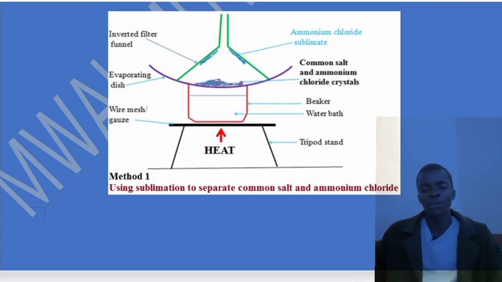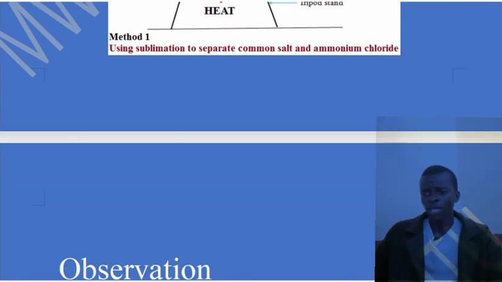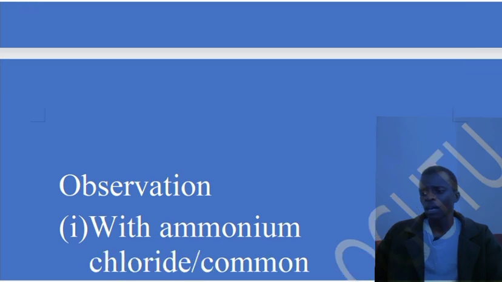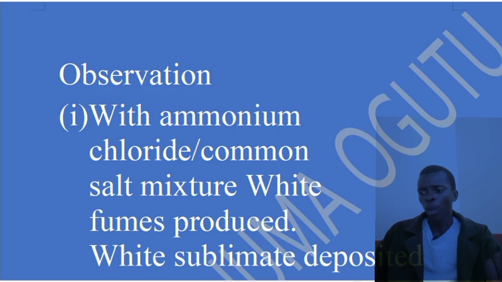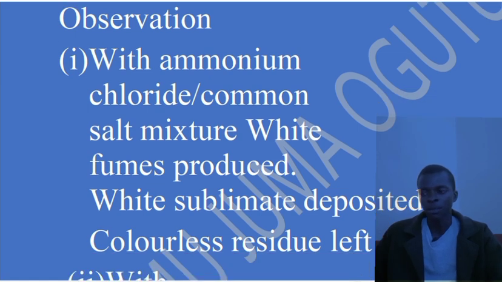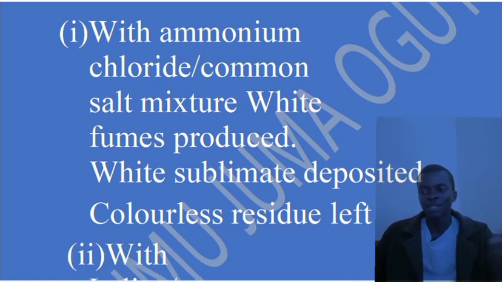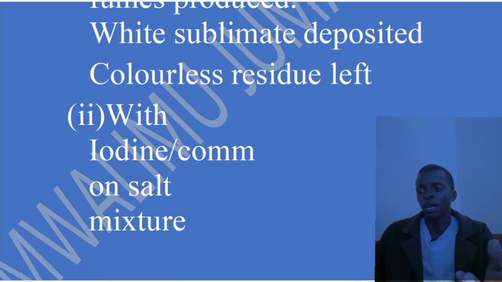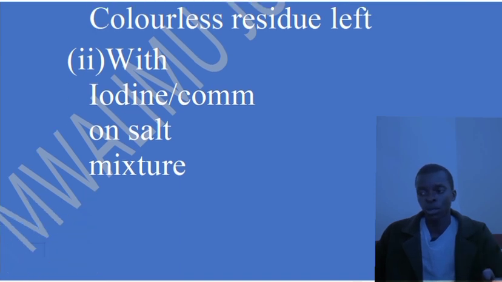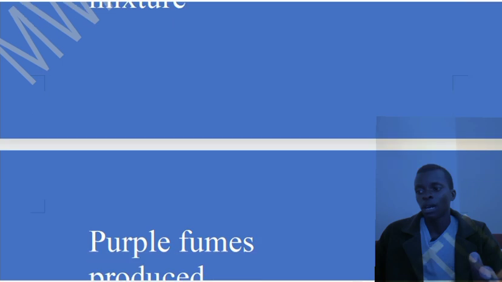Now, after having observed that with the ammonium chloride and common salt mixture, white fumes are produced, white sublimate is deposited, then colorless residue is left. But now, when we are using the iodine crystals with the common salt to form a mixture, we have purple fumes.